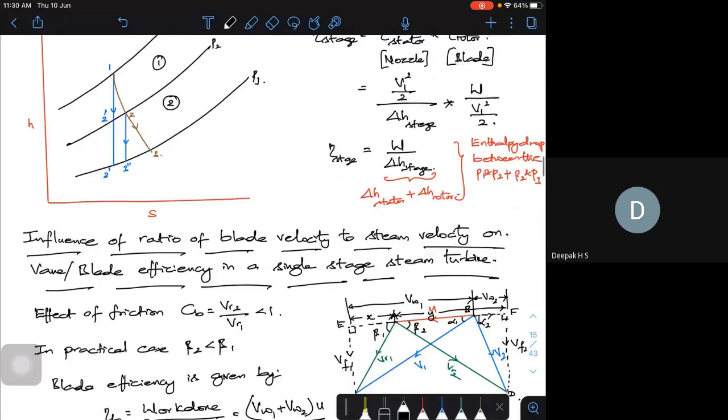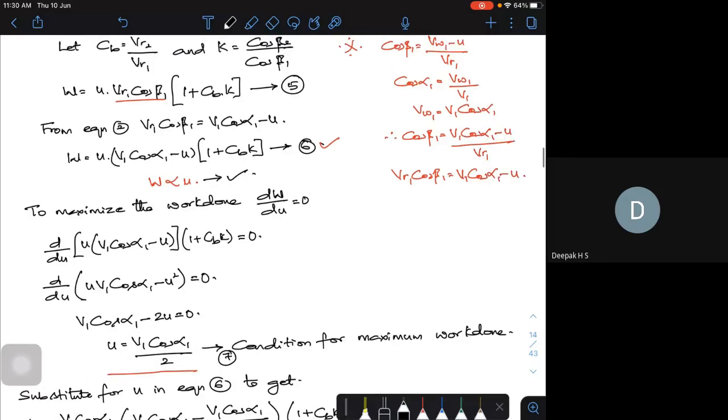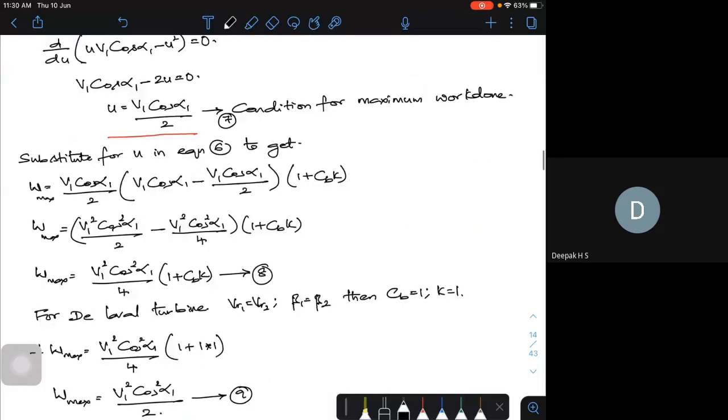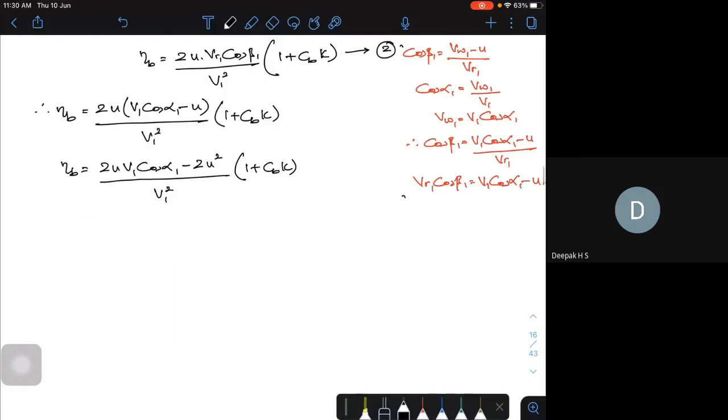If you go back and see, same thing. VR1 cos beta 1, so I'm going to get U into, so this is only for work done. Here I'm trying to do it for blade efficiency. 2 into U square. Here I'm going to let phi is equal to U by V1, or U is equal to phi into V1.